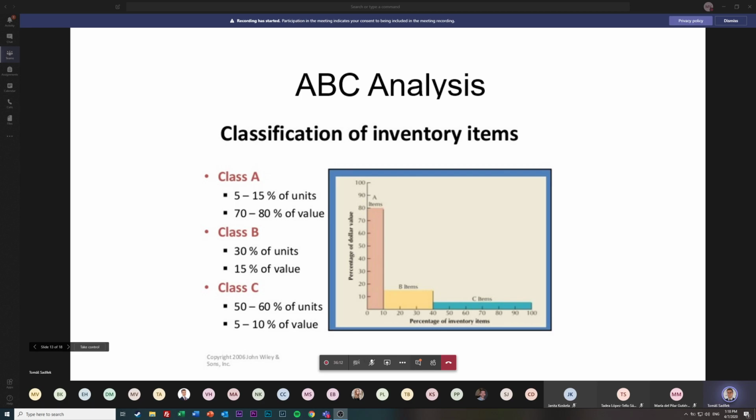Sometimes we are using an automated order system, so we are purchasing them, for instance, each month at the same level. So we don't have to take care of this so much. So the idea of the ABC analysis is to divide the items into 3 groups based on the share of units in the total value.